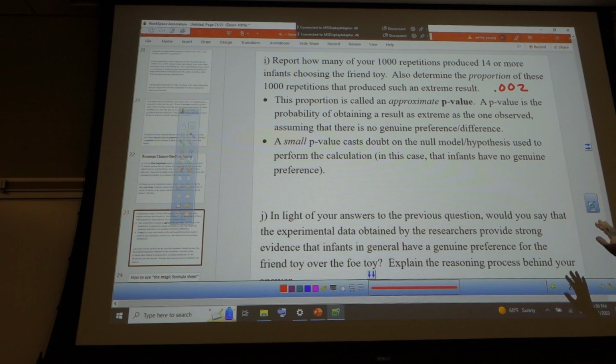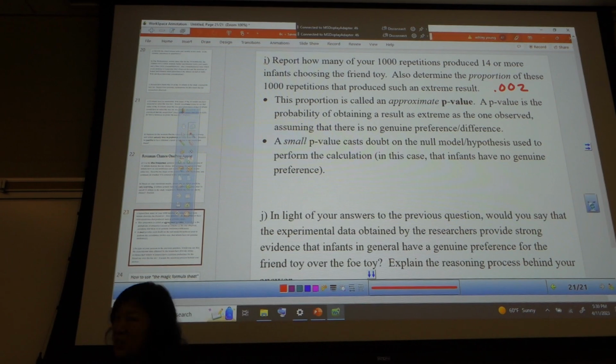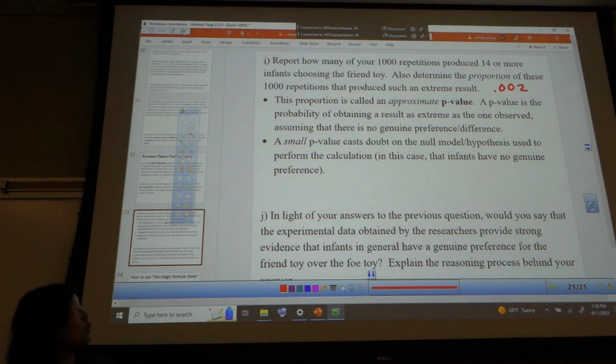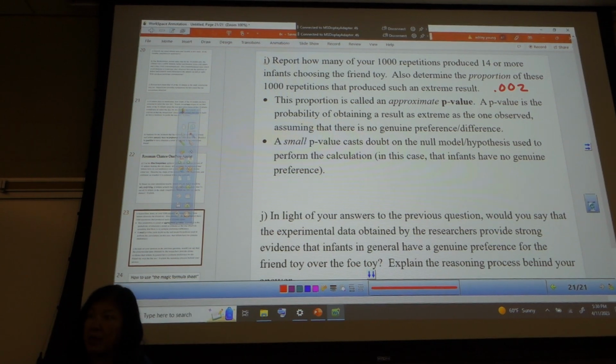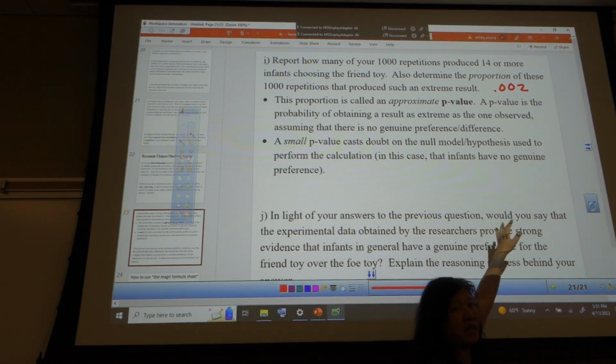So remember, a p-value is the probability of getting a sample like yours. We got it 2 times out of 1,000 times. And is that likely or not likely? That's super unlikely. It only happened 2 times out of 1,000. So the smaller the p-value, the less likely it is to occur.